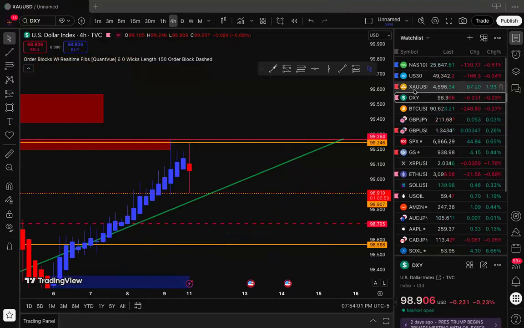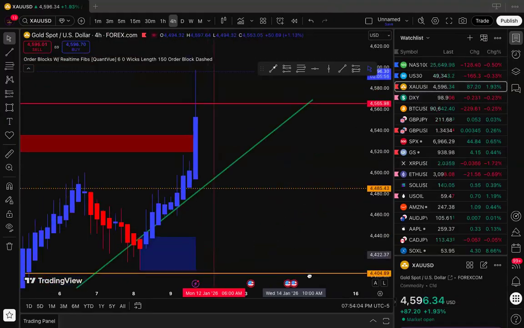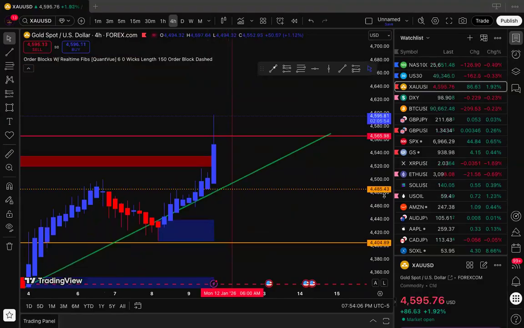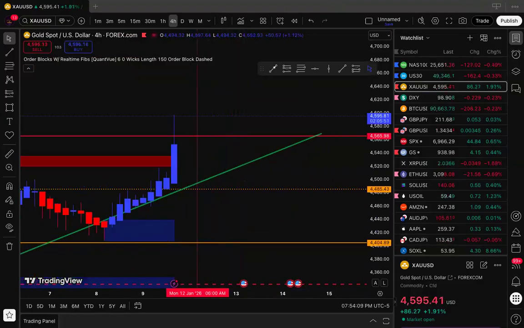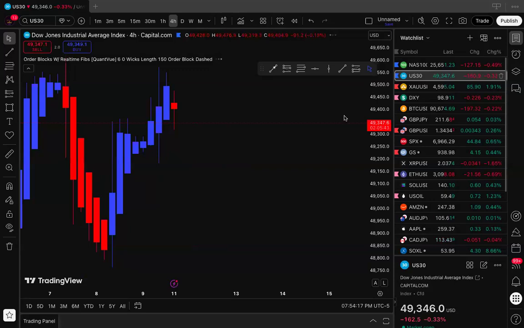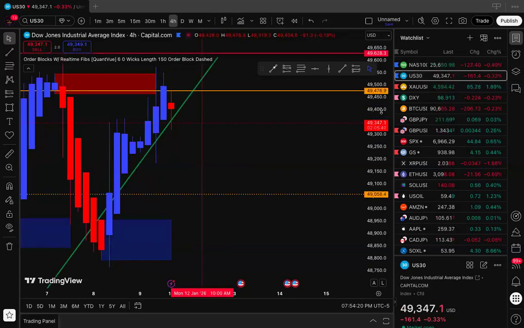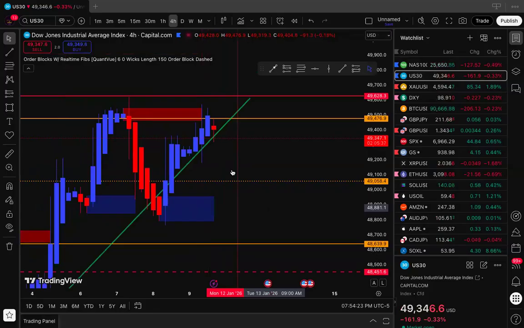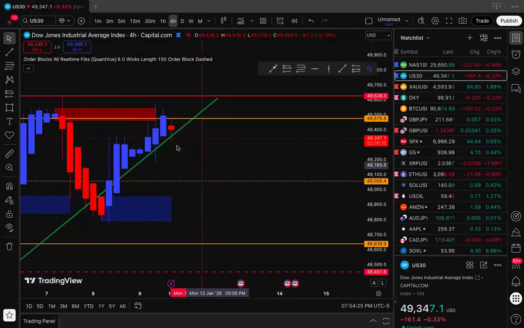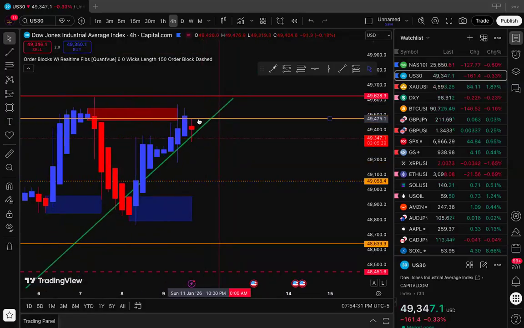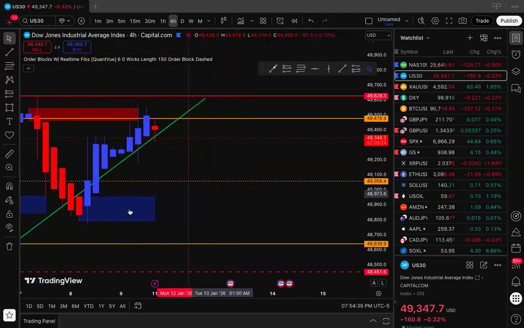So just a quick recap for gold. We'll be looking for a buy in gold during New York session. Right now we have US 30 rejecting the level of resistance. We wanted to pull back towards the support for a buy entry.